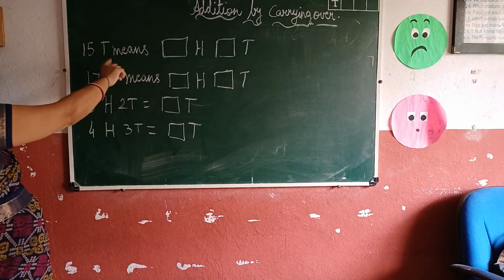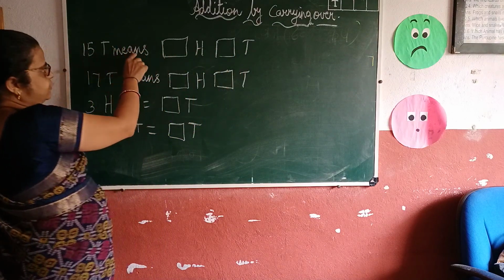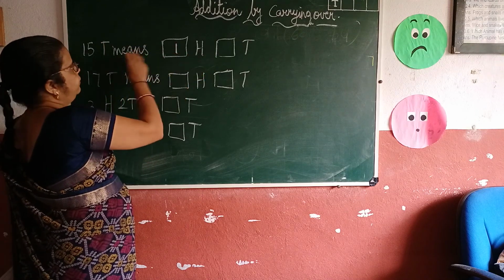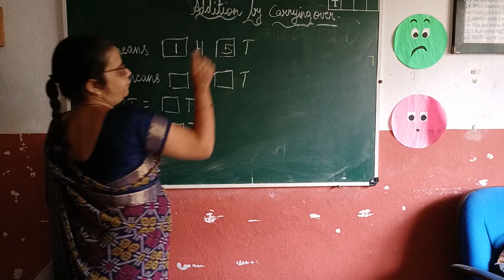So how do you have to write here? 15 tens means you have to write here 100 and 5 tens.